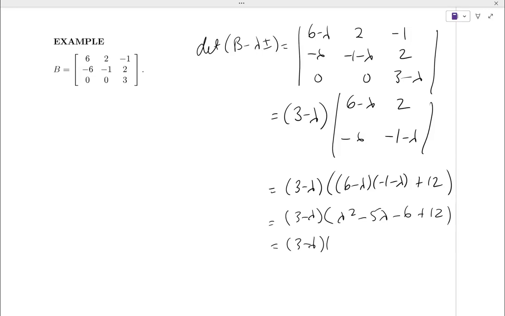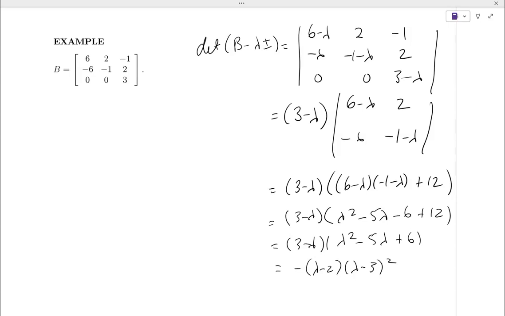This will be lambda squared minus 5 lambda plus 6. That factors as lambda minus 2 times lambda minus 3. This is the opposite of lambda minus 3, so this really factors as lambda minus 2 times lambda minus 3 squared.